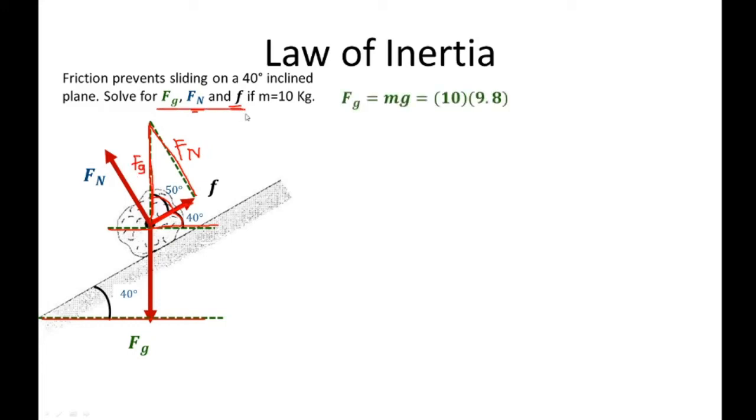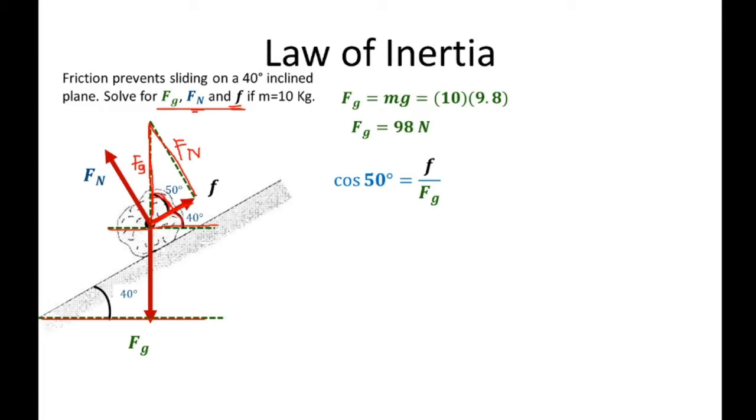So let's start. First, solve for the force of gravity, which is just mass times acceleration due to gravity. In this case, the mass is given here, 10 kilograms. So that is 10 times 9.8. We have force of gravity is equal to 98 Newton. To solve for F, or the friction, the angle here is 50.